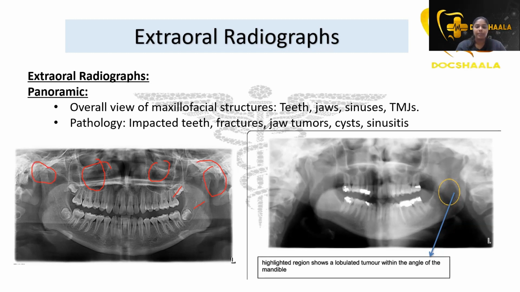Okay, so the pathology which we can find: impacted teeth can be seen. If there is any fracture, we can see the fractures sometimes, like in these areas. Okay, and jaw tumor. You can see a lobulated jaw tumor here. Cysts and sinusitis can also be appreciated in extraoral radiographs, right?